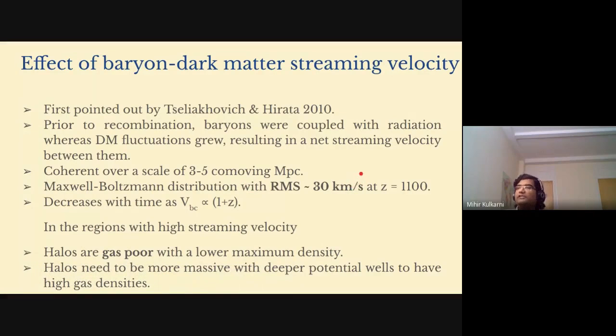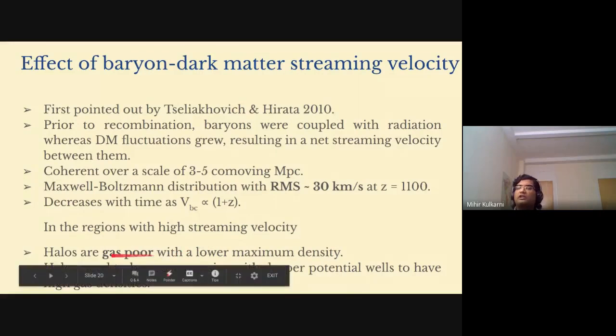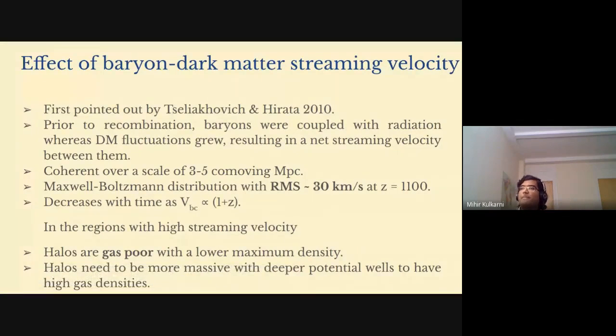So again, different patches of the universe can have different streaming velocity between baryons and dark matter. Suppose you are in a patch of the universe where baryons, or gas, are running away from dark matter. In that scenario, the halos are gas poor because the baryons are running away from dark matter, and halos need to be more massive and have a stronger gravitational pull to pull those baryons back and have sufficient gas densities.